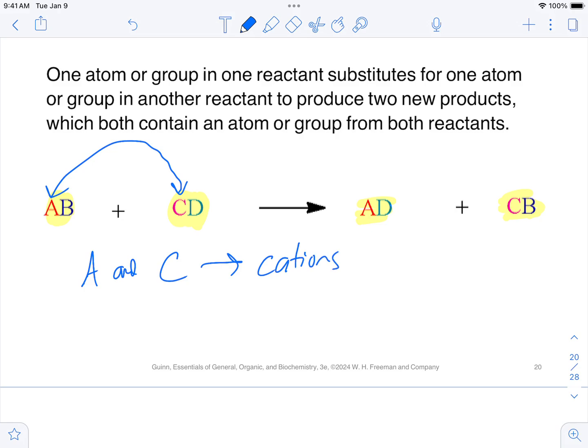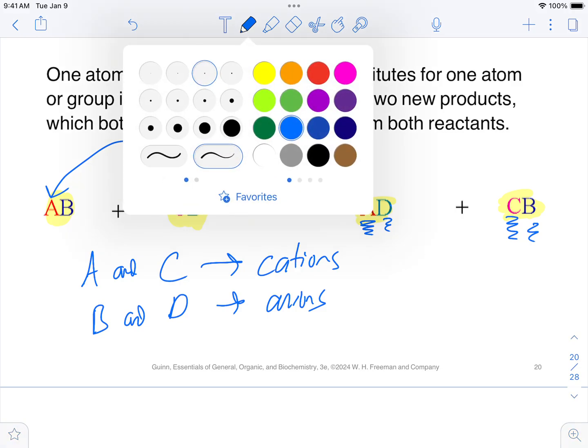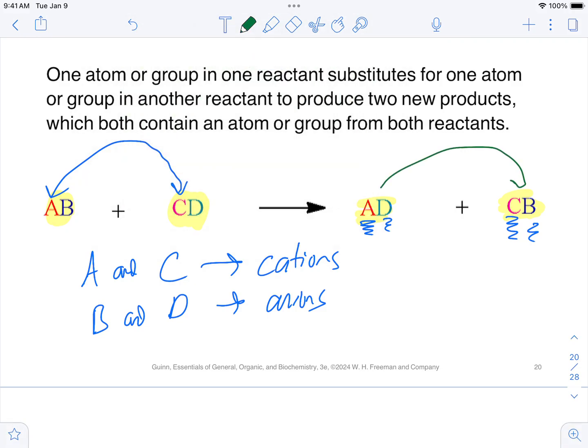These come from our metals. That's why they go first in the products. And then B and D are the anions. They will always go second. Now, the order of this doesn't matter because it's multiplication, the commutative property. You could have CB and AD, but C has to come before B and A has to come before D.